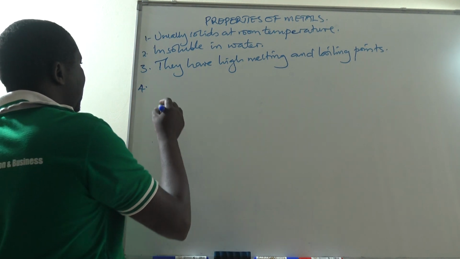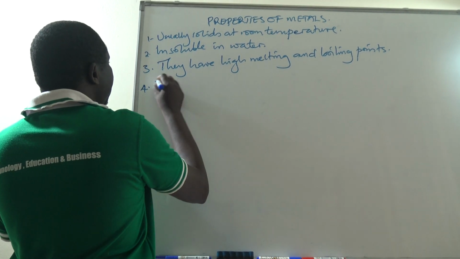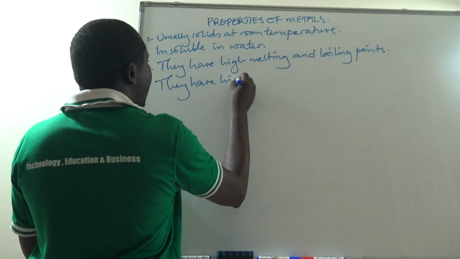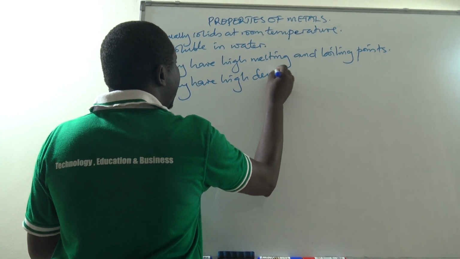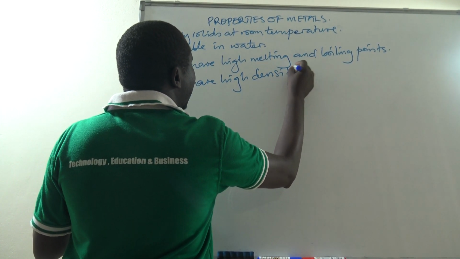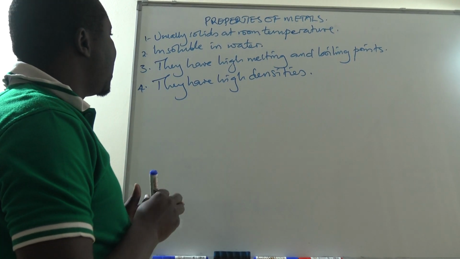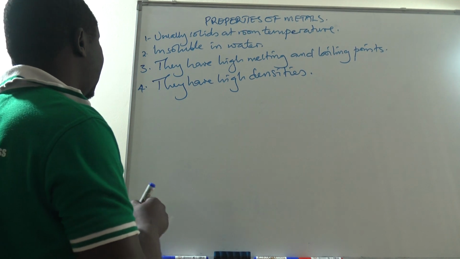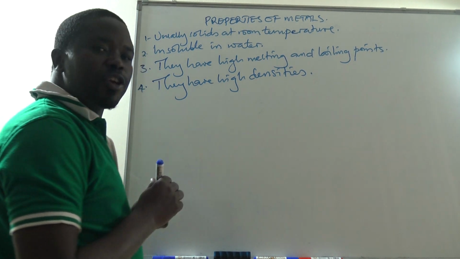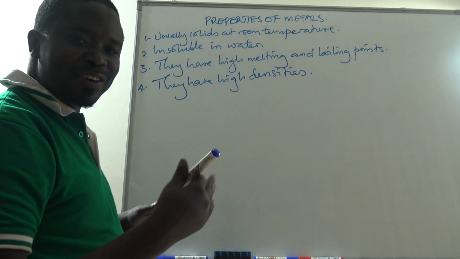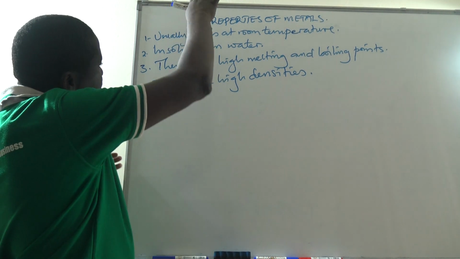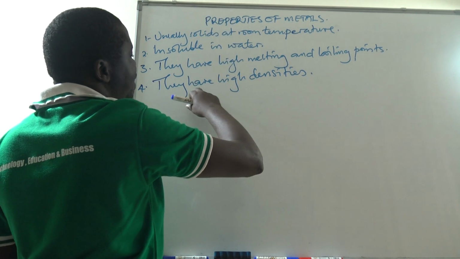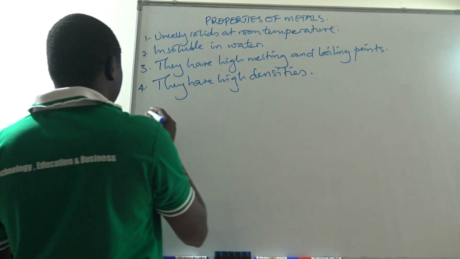Another thing is that they have high densities. The particles are densely packed, and for that reason they are dense and hard. Apart from mercury, which is a liquid metal at room temperature, metals are usually solids at room temperature and have high densities.